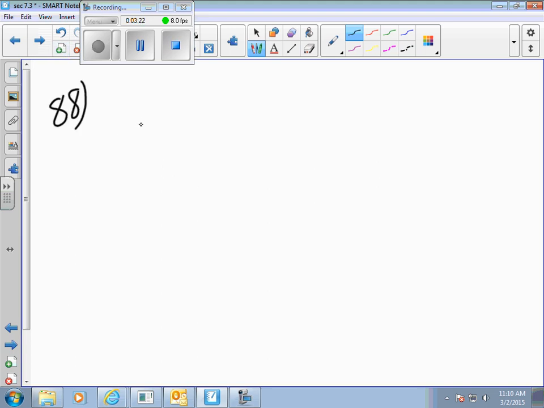So now let's jump to 88. And I get the fourth root of a divided by the fifth root of a. Now this is a little bit different than the last problem, so I'm going to rewrite it as a rational exponent, a to the 1/4 power, divided by a to the 1/5 power.